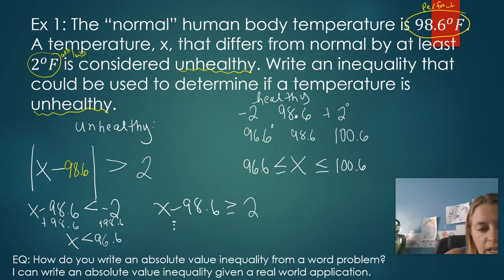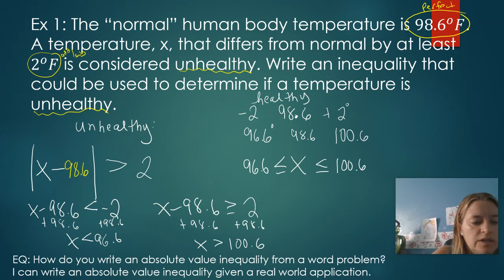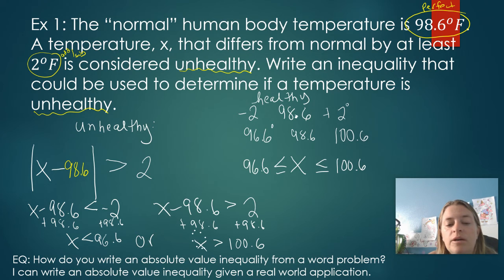All right, and then here we're going to add 98.6, and that would be numbers greater than 100.6. So we should not have an equal to, because if it is equal to, that is considered healthy. We want things that are unhealthy, so we would not put that equal to. Hopefully that makes sense.